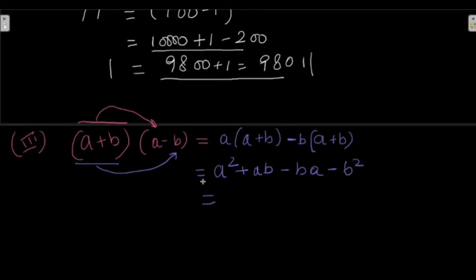Now what happens is this is ab plus, and this is ba minus, or we can say ab minus. So this will cancel out with this, and we'll be left with a square minus b square.